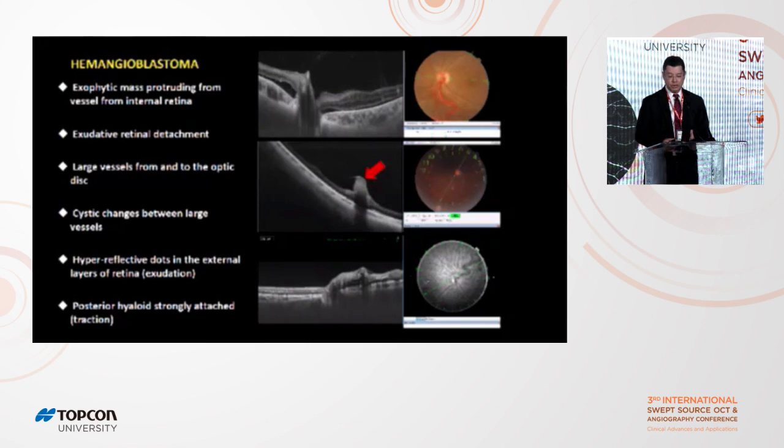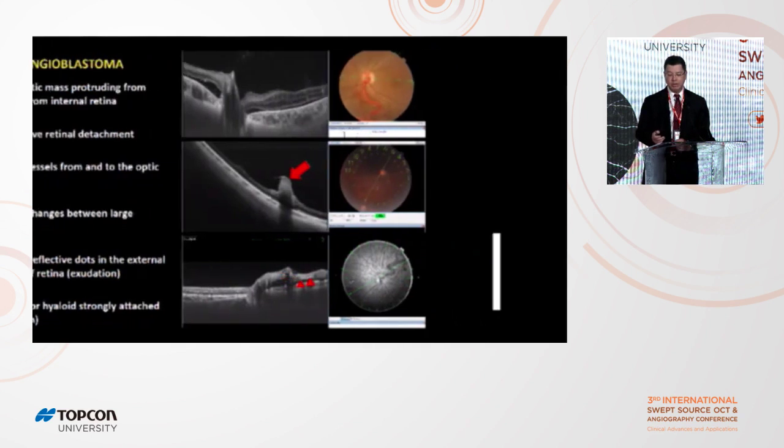There is exudation, as you can see here, and the large vessels from the optic disc can extend to the periphery, which are the classical feeder vessels, and there are cystic changes between the large vessels, and there is also hyperreflective dots on the external layers of the retina that correspond to exudation, and the posterior hyaloid seems to be, in most of the cases, very strongly attached, creating traction in these vascular tumors.